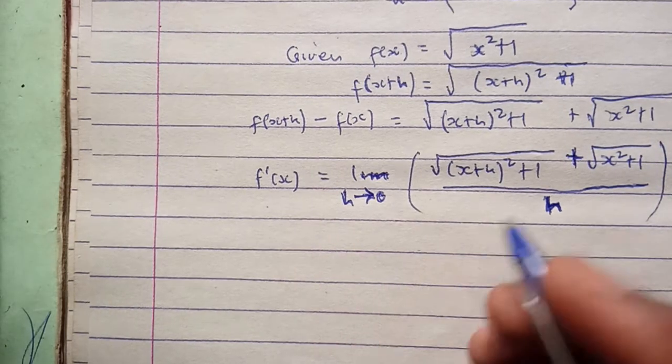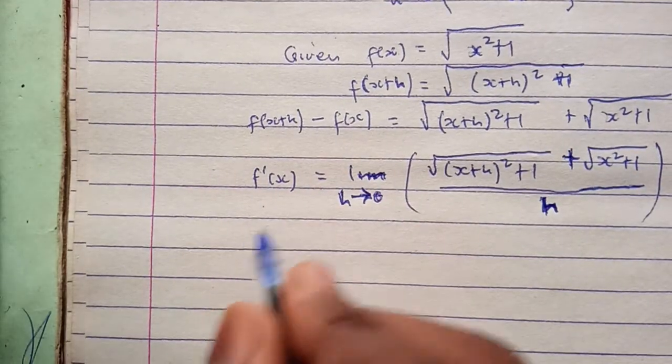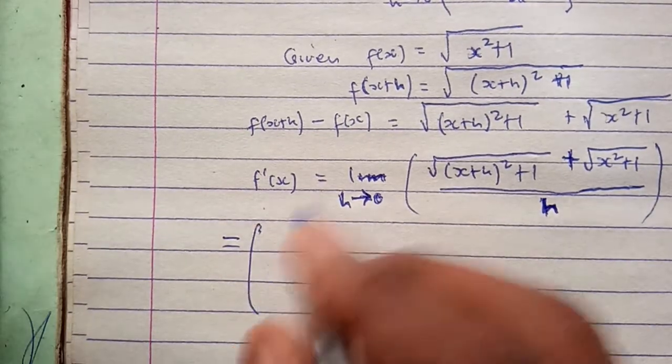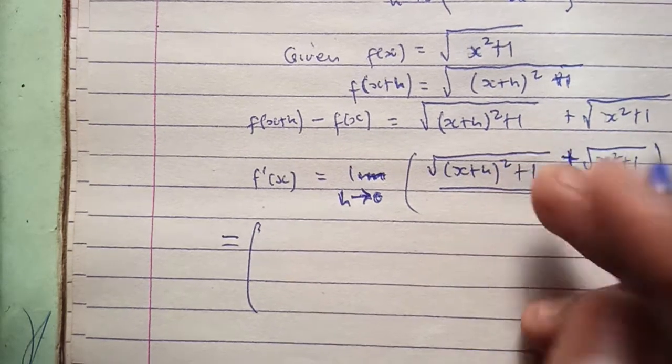So now, what we will do is that we will simply say this is equal to, then we'll bring our bracket. I hope you know how to find the conjugate of this already.